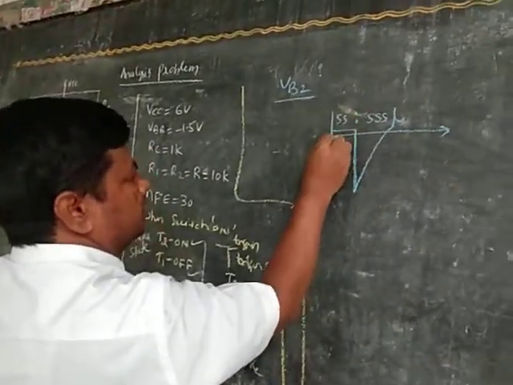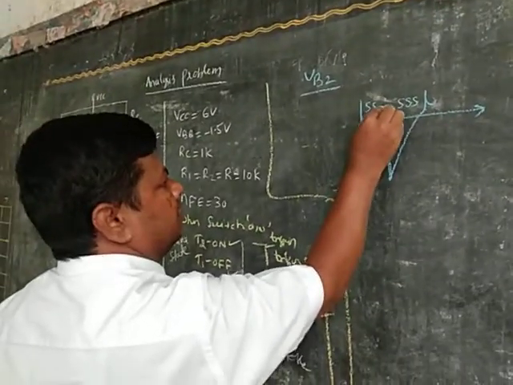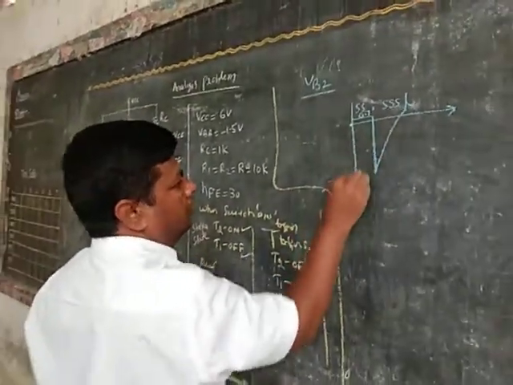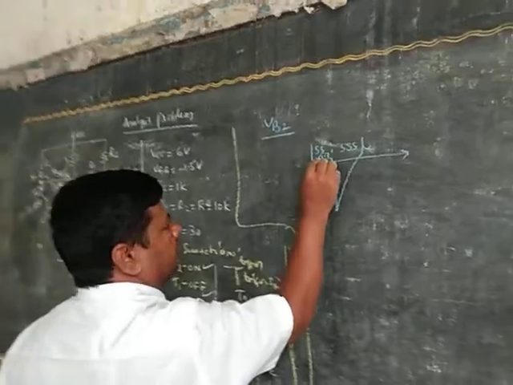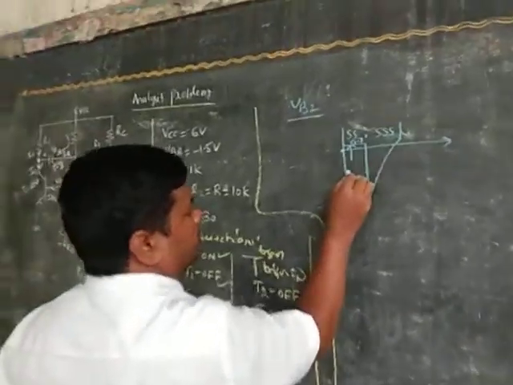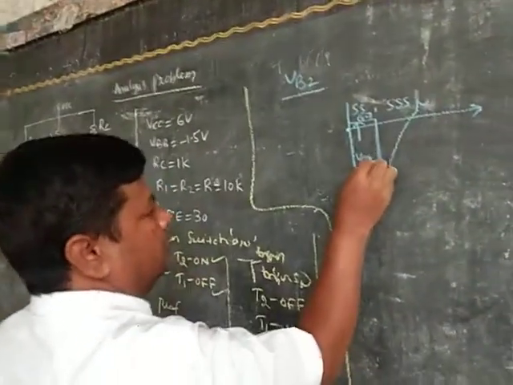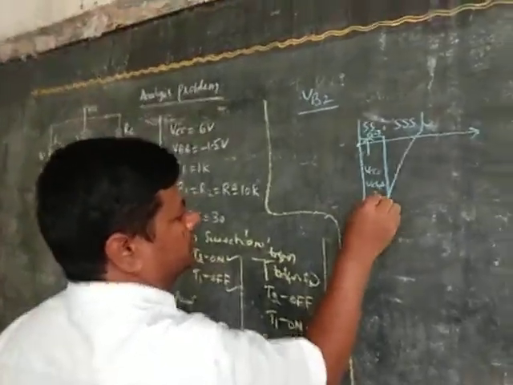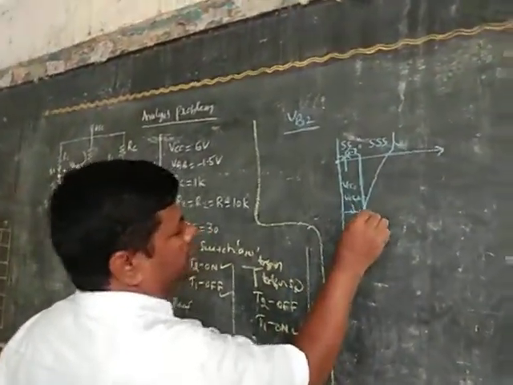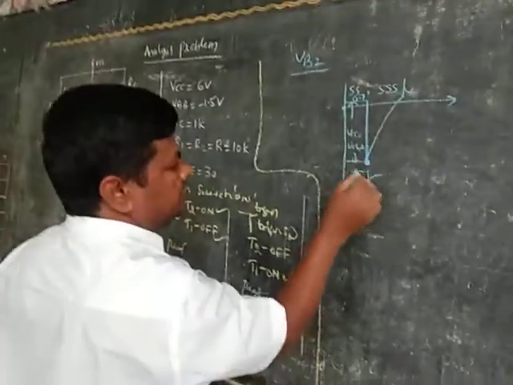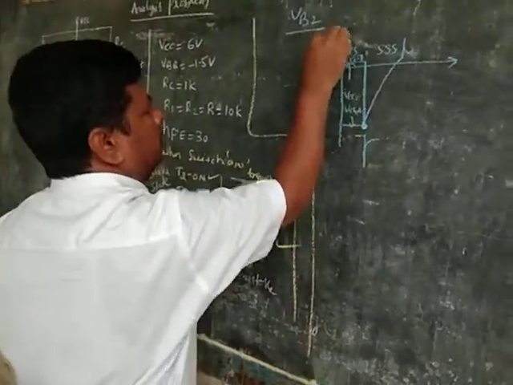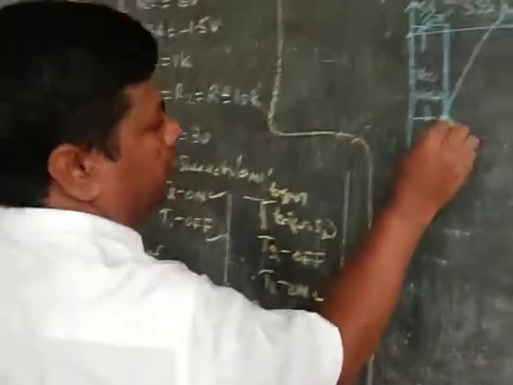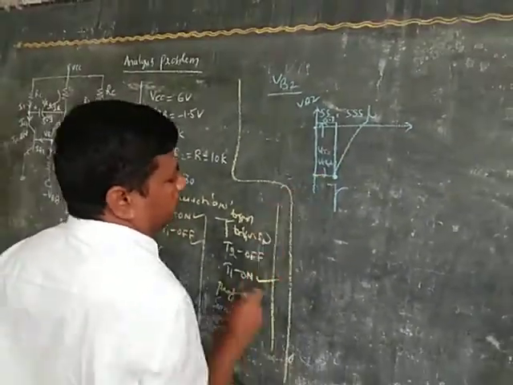This is the stable state. Previously it is 0.7. After applying triggering signal, this may be reduced to VCC minus VCE saturation. Now the value of VB2, this is the level.